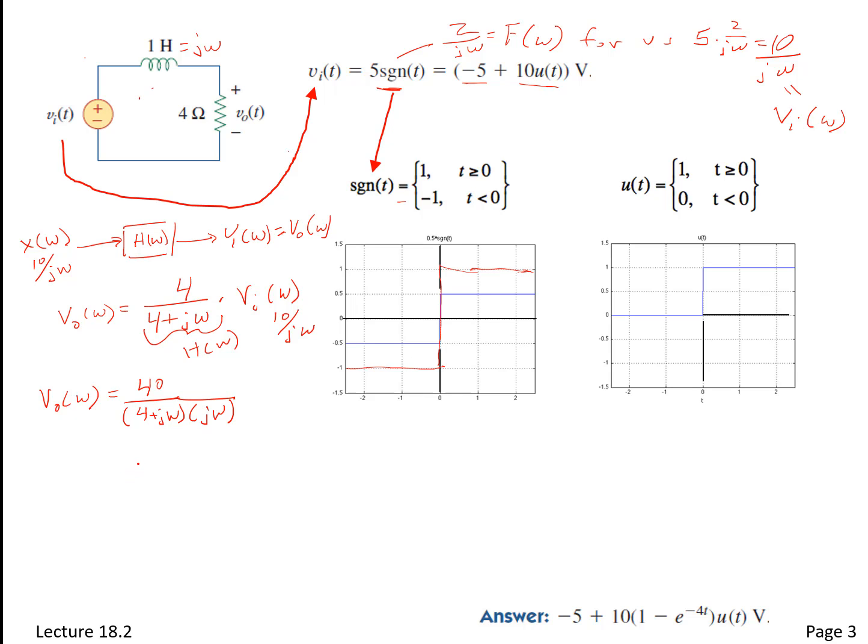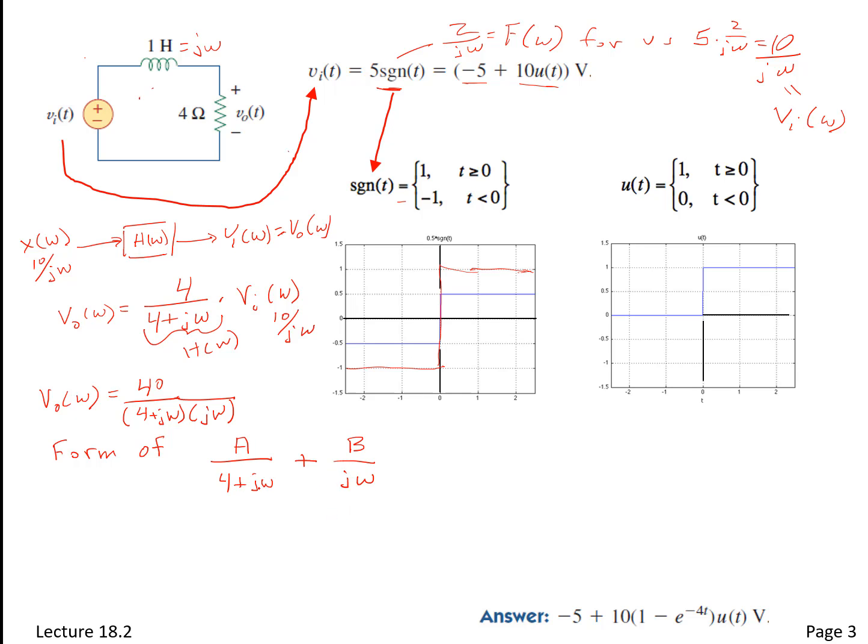Okay? And now from here, it's some math. What we really want is to get this to the form of something A over 4 plus j omega plus B over j omega, because it makes our transformations simple to unpack.